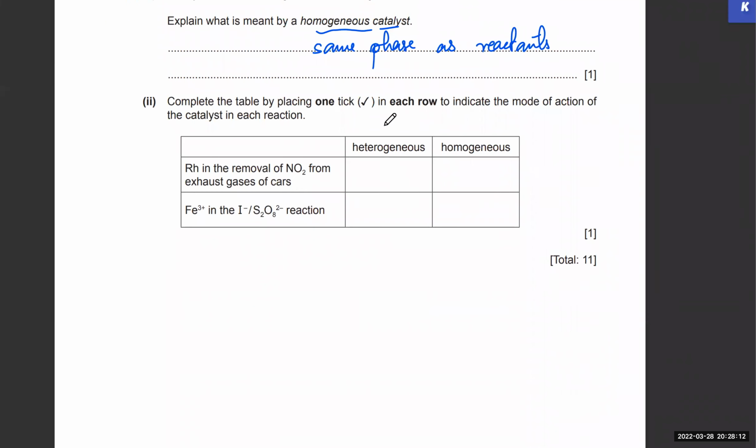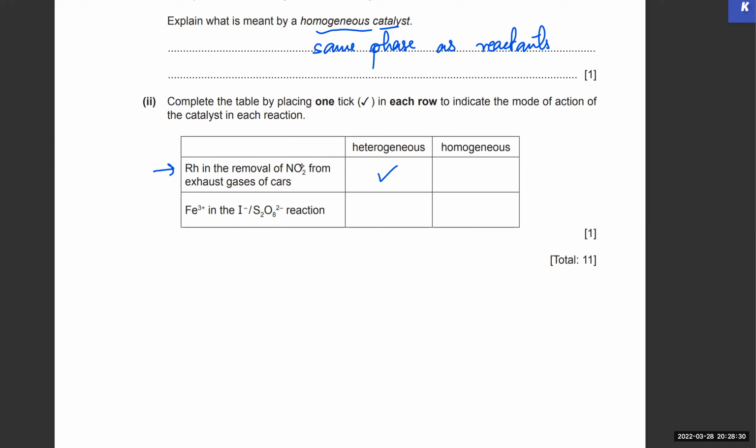Next one, complete the table by placing one tick in each row to indicate the mode of action of the catalyst. So rhodium in the removal of NO2 from exhaust gases, that's a solid. These are gases, so that's definitely heterogeneous. Different phases.